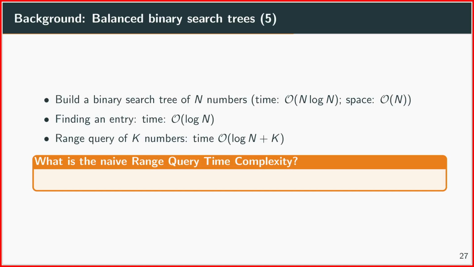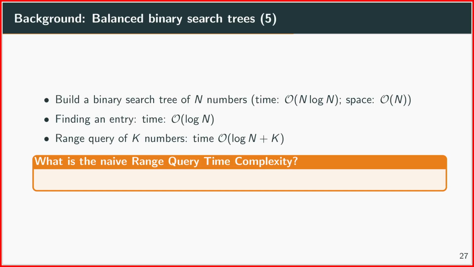To build such a binary search tree of n numbers, you need a time complexity of O(n log n) and a space complexity of O(n). To find an entry, it's pretty efficient: you can do that in O(log n) time.